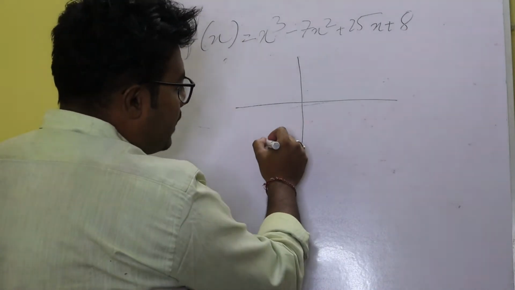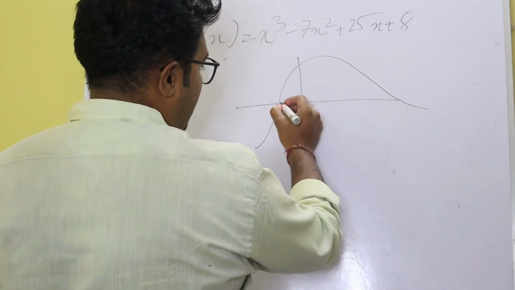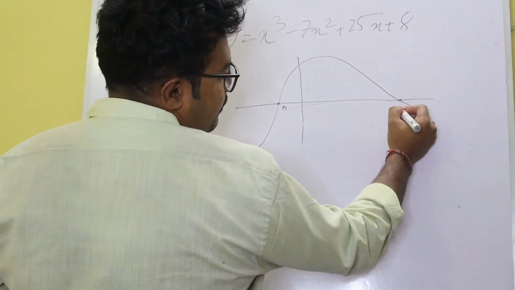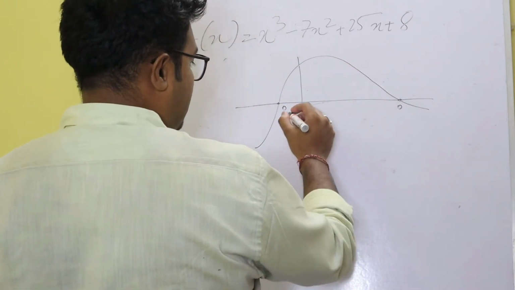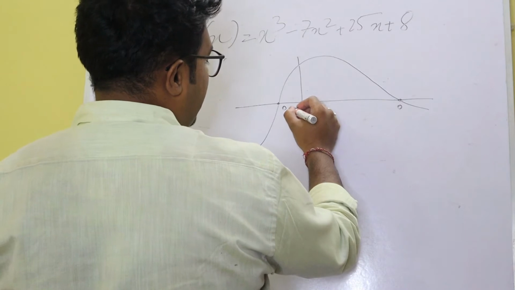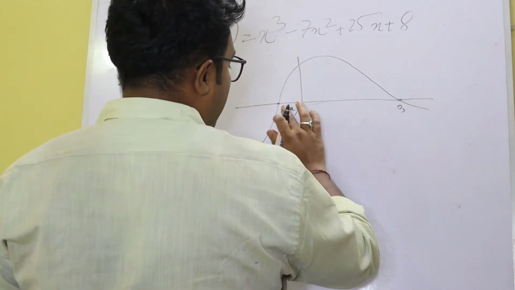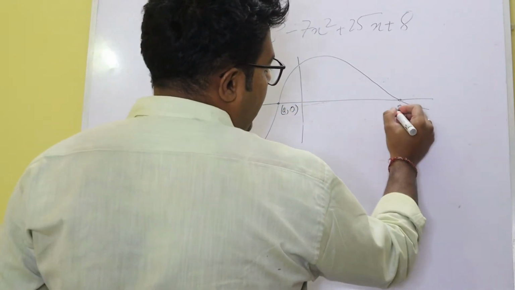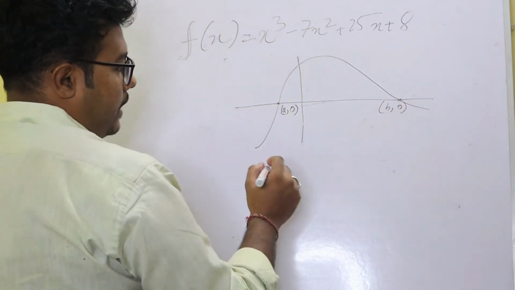Suppose we are taking the graph like this. This is 0, and at this point here the function is also 0, right? Let's say x is a here, and x is b here, right?